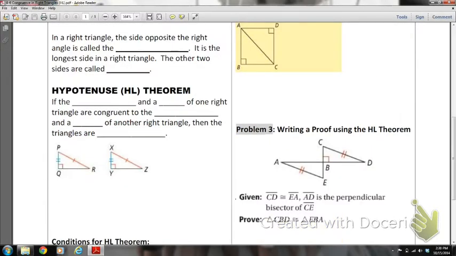So in a right triangle, the side opposite the right angle, just as review, is called the hypotenuse. And it's always going to be the longest side of a right triangle. And the other two sides are called the legs.